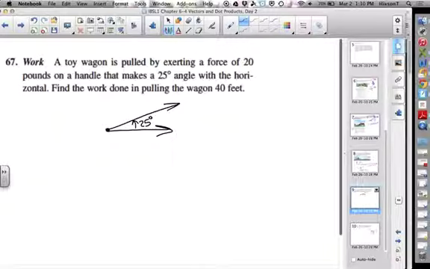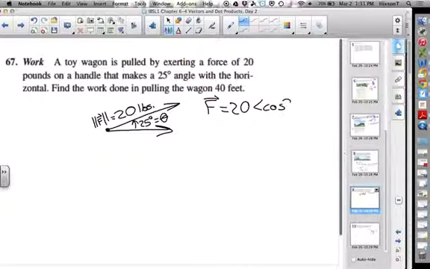So we substituted 20 for the magnitude of F. A force of 20 pounds on a handle, that would be the magnitude of F. This is our theta. And we would use our force vector: 20 times cosine of 25, sine of 25.